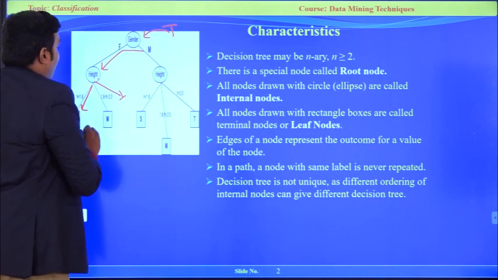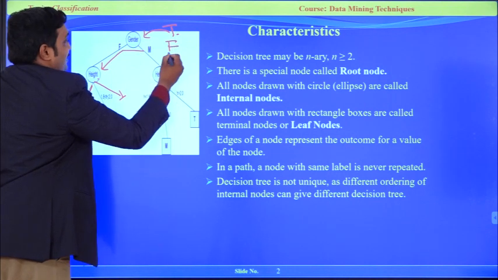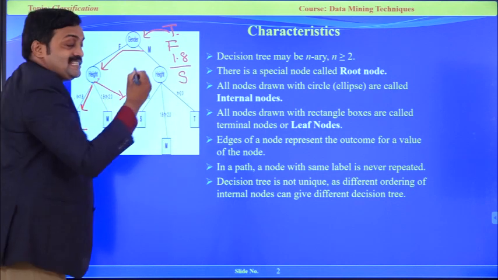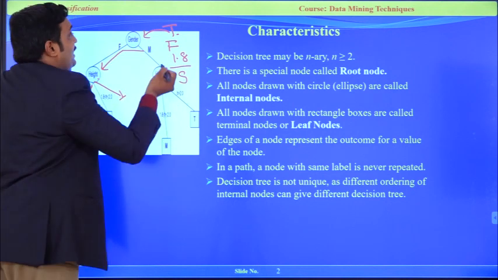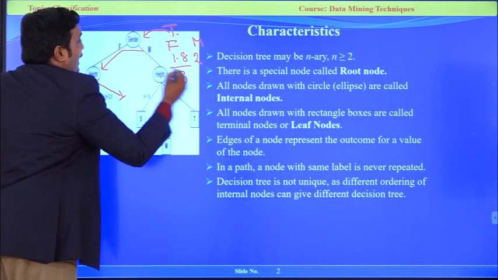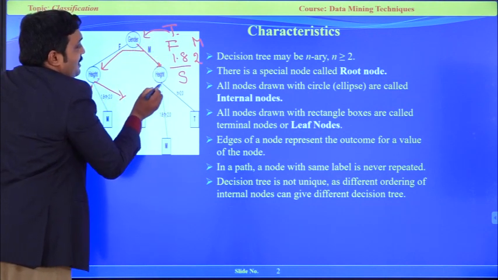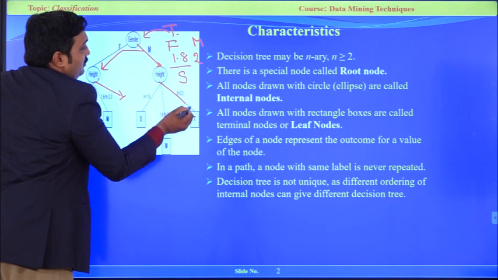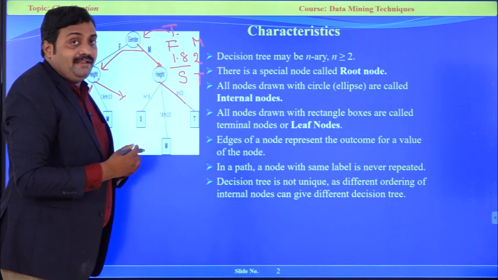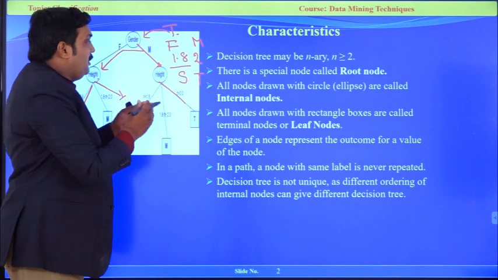So I can identify that the new record, a female candidate with height less than 1.8, belongs to the short height class. Similarly, for another record, a male candidate with height 2, the male candidate enters here, then on the right side height greater than 2, so I go with the greater than 2 here, then taller. So whenever a new record enters the decision tree, we can easily classify it with a simple rule-based approach.